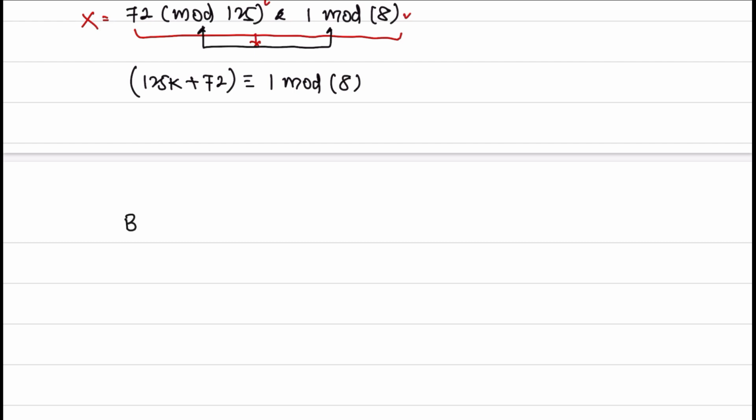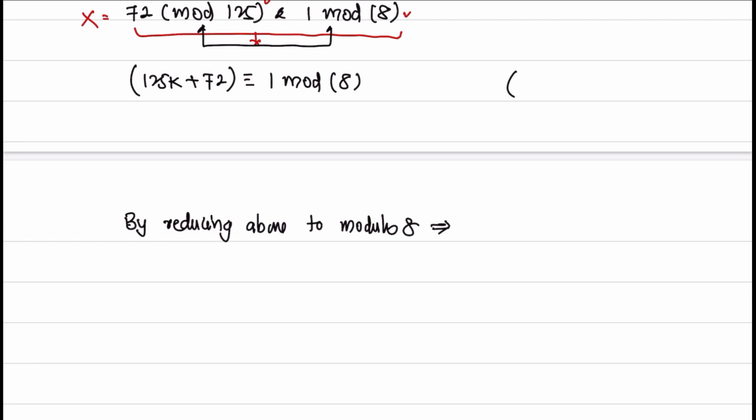By reducing the above to modulo 8, it gives 125 mod 8 equivalent to 5, because 8 into 15 is equal to 120.